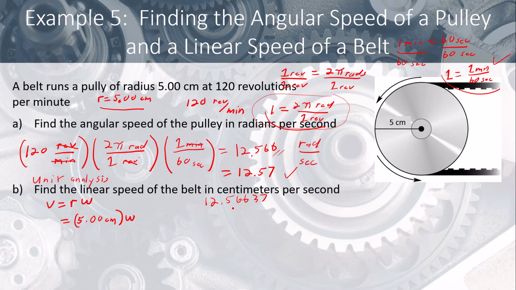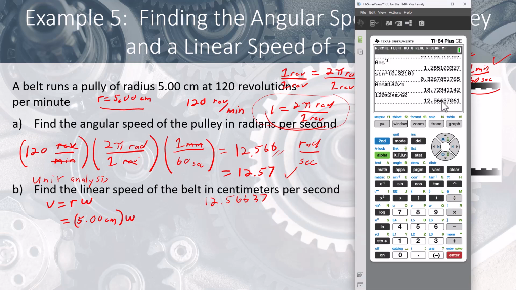You do not want to do that. You want to use the most precise value you have for your intermediate calculations, and this is an intermediate calculation. Although 12.57 is the acceptable answer, it is not the number you want to use here because you might get the wrong answer. Instead, you want to use the number that is in your calculator.